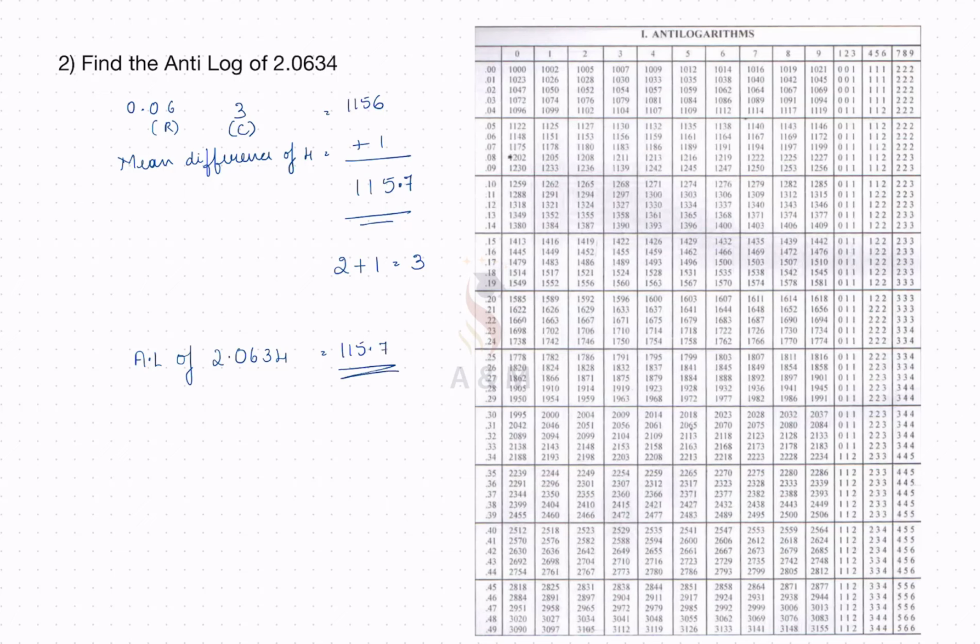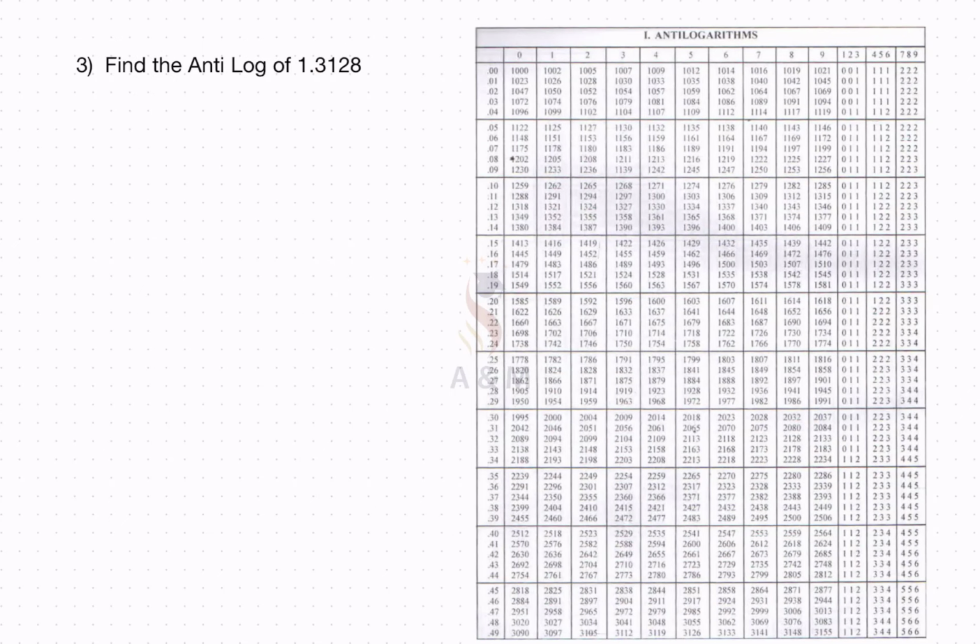Let's look into the last problem. Again here it should be 0.31, 0.31 from the row and the next after 0.31 it is 2. 2 from the column. 0.31 here it is and 2 from the column, that is 2051. 2051.